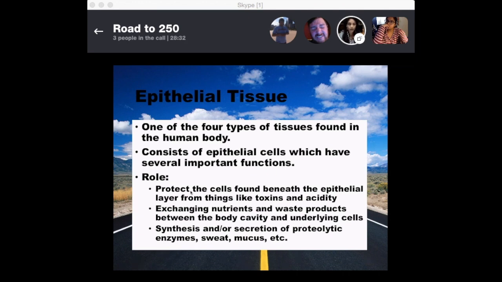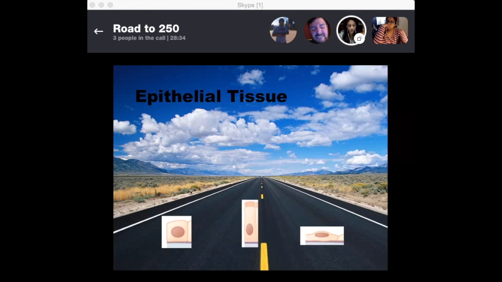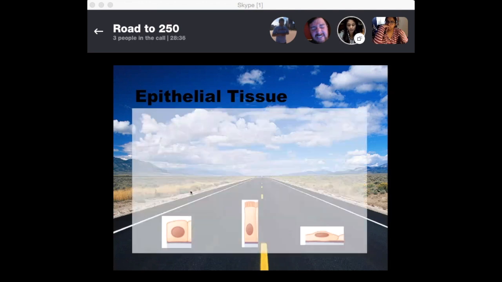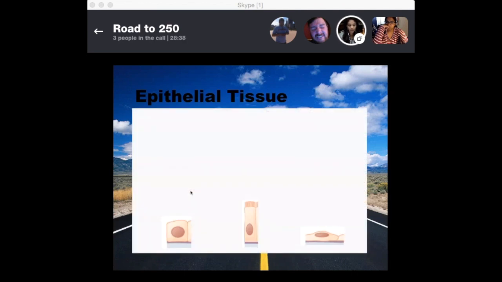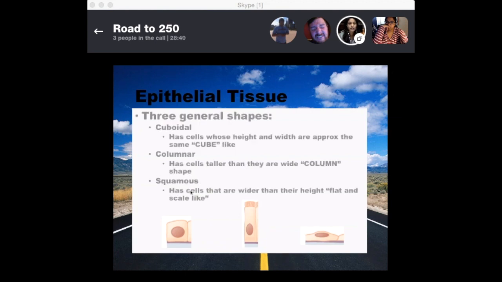So in general, epithelial tissues are classified by the number of layers and by the shape and function of the cell. These three general shapes are cuboidal, columnar, and squamous. Cuboidal has cells whose height and width are approximately the same, so it's cube-like.